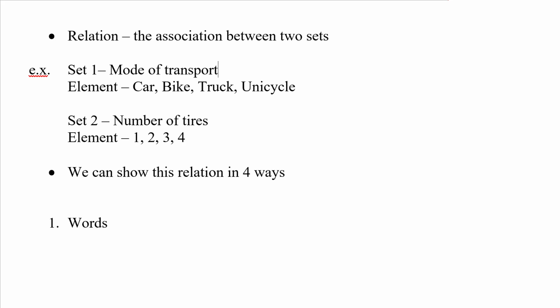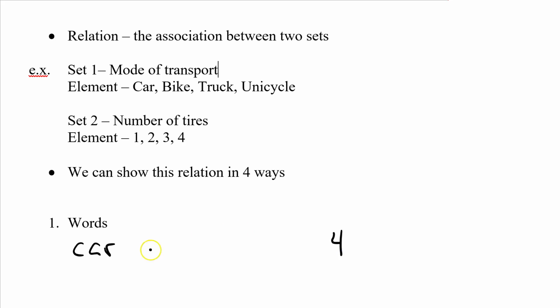So the first thing we can do is take the element of our first set, which would be our car, and we could do its matching element from set 2. Well, a car has 4 wheels, so we would say 4.